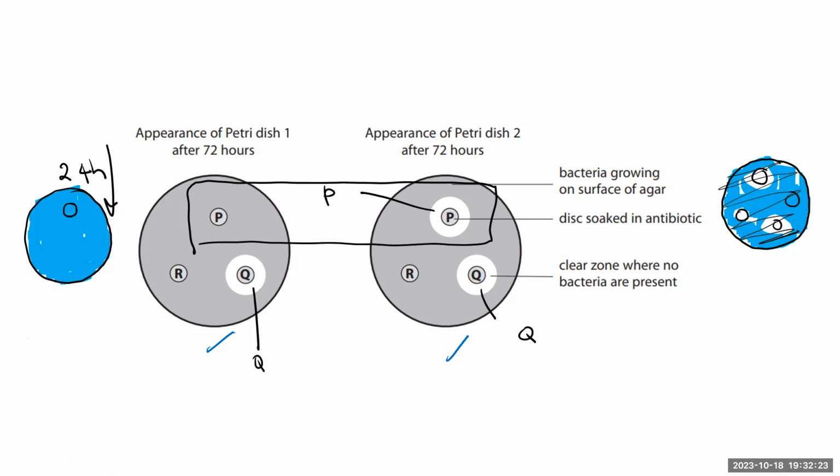Rather than this argument, if I ask you about dish 2, from the beginning there is a very small amount of bacteria around it, because we started like this. When you allow them 24 hours, it's completely filled with the microorganism, the blue color one.